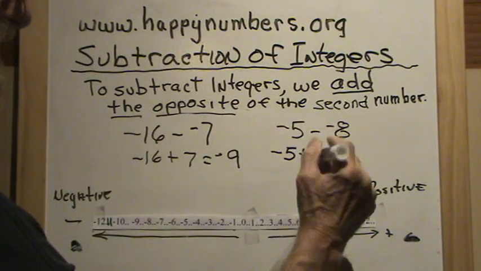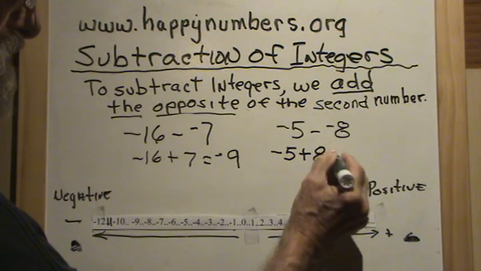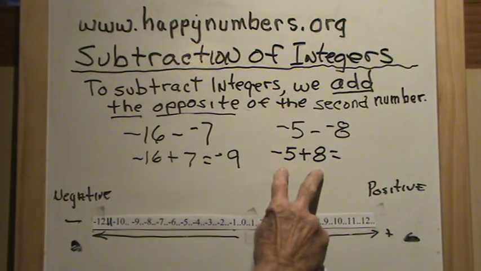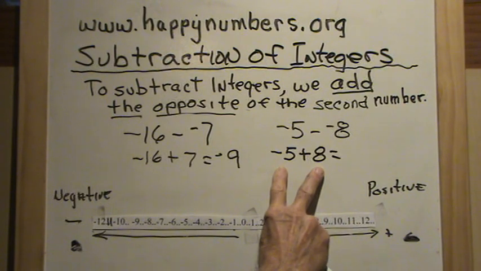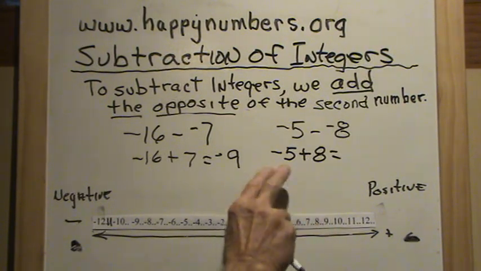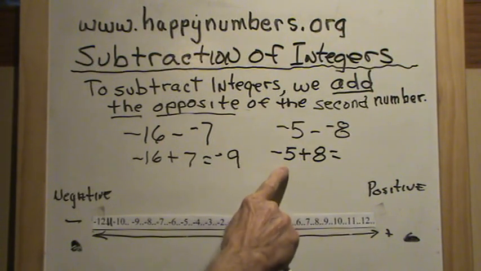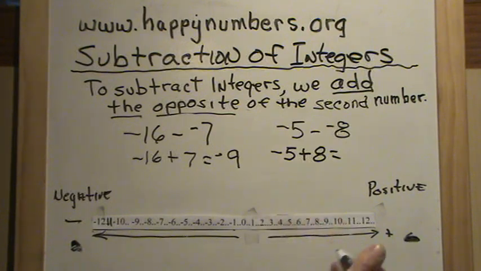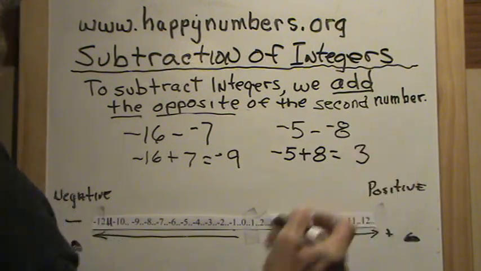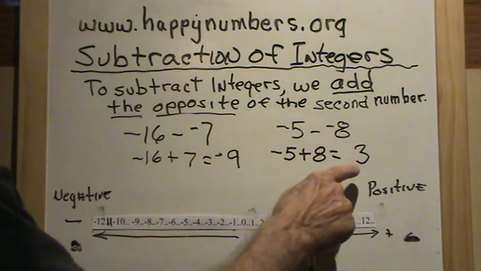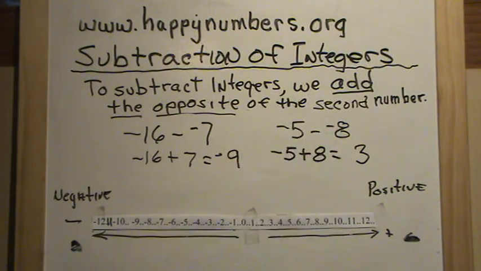Second number is negative 8. The opposite would be 8. So now I have two signed numbers whose signs are different. So I know to add two signed numbers when their signs are different, I forget the signs. I take the smaller number from the larger number. So if I take 5 away from 8, I have 3 left over, and I use the sign of the larger number, and 8 was the larger number. So it's a positive 3, so I don't have to write the positive.